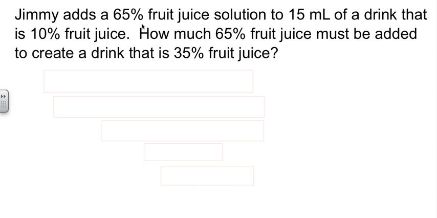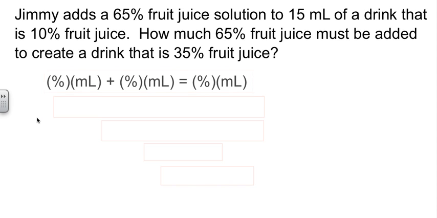Okay. I don't know how much of the 65% I need, but I do know the basic idea. The percentage of the juice times how many milliliters I used for the 65% kind, plus what's being mixed in with it, the 10% kind, equals the total amount over here.